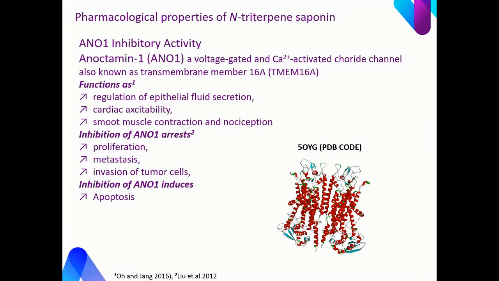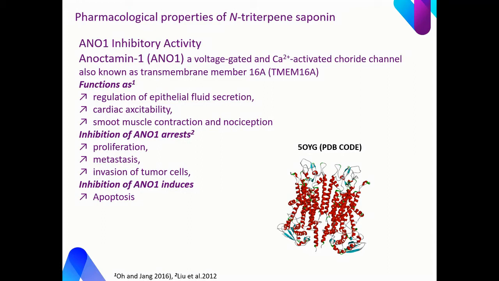Anoctamin 1, a voltage-gated and calcium-activated chloride channel, also known as transmembrane member 16A, functions in regulation of epithelial fluid secretion, cardiac excitability, smooth muscle contraction, and nociception.